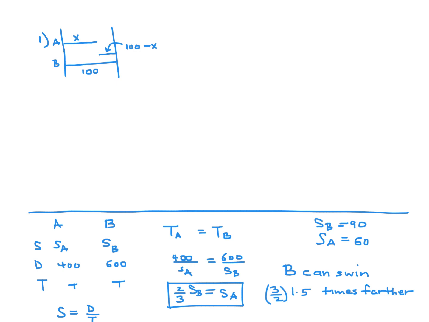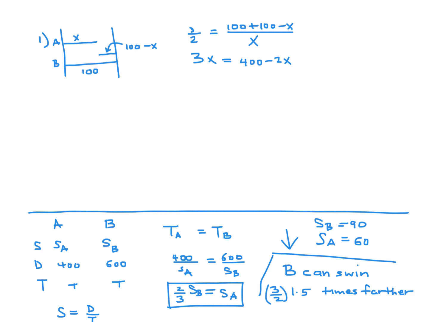Now, we take this fact into consideration, that Betty can swim 1.5 times faster. So 3/2 would be the ratio of the distances traveled by Betty and Alice. Betty's distance looks like 100 plus 100 minus X, and Alice's distance was just X. So that is the algebra. If I cross multiply, I get 3x and then 400 minus 2x.